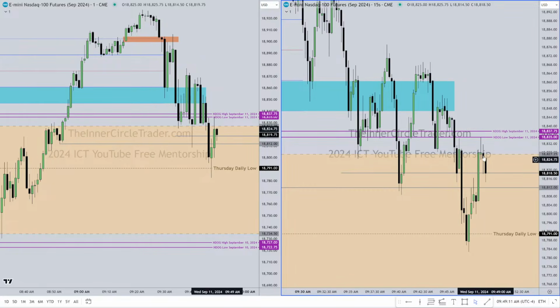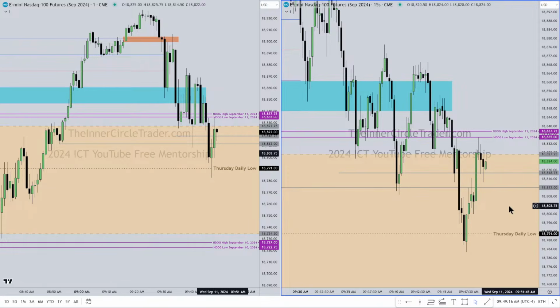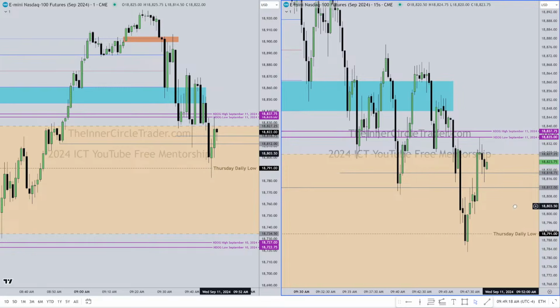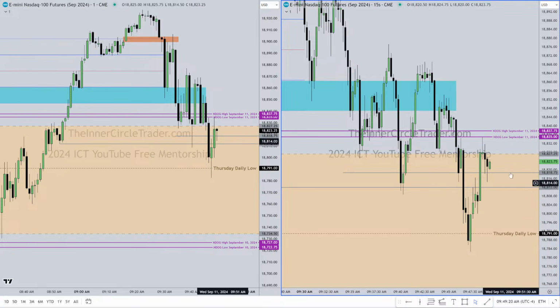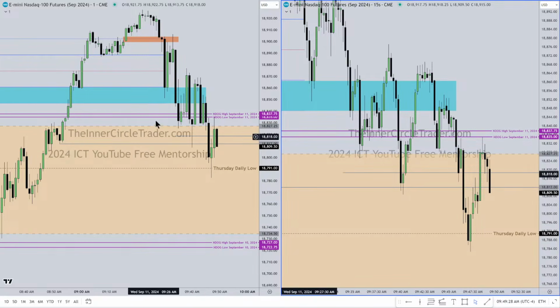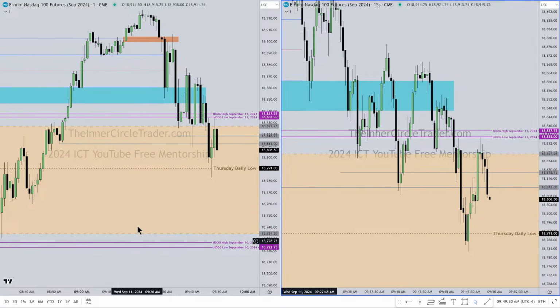See how the bodies are staying right at the top of that shaded area here? The body's just laying right at the top of that dash line. That's the high of this inefficiency here.